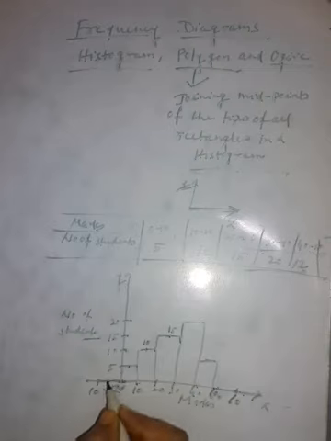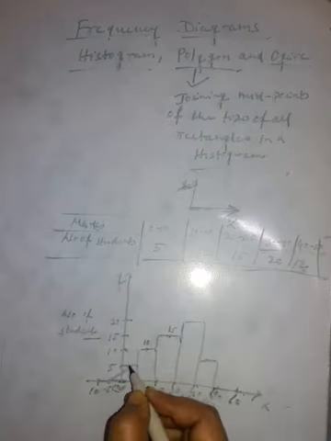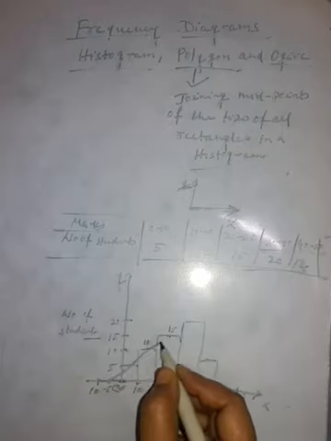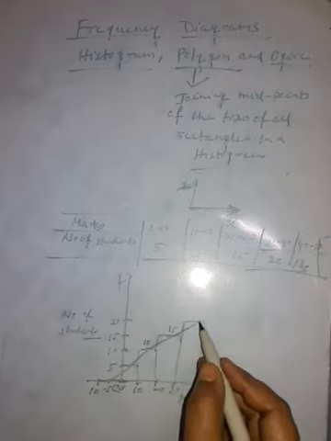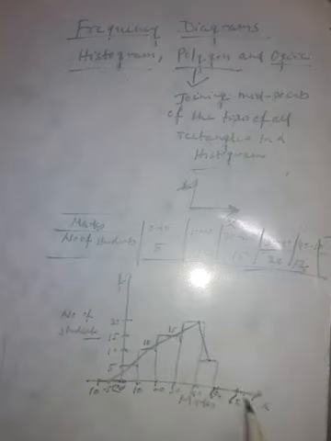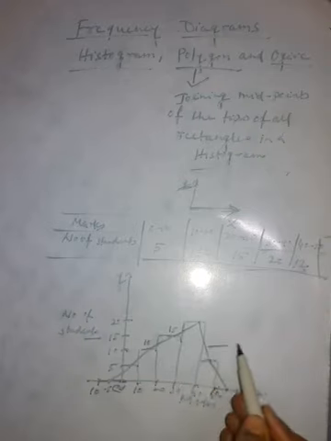So the polygon will start from -5 and go to the next, in a straight line. We have to join all the midpoints and end at the next class midpoint, and that is the polygon.